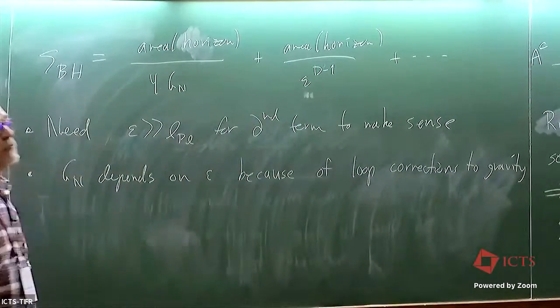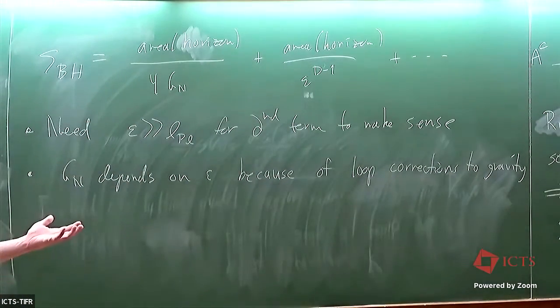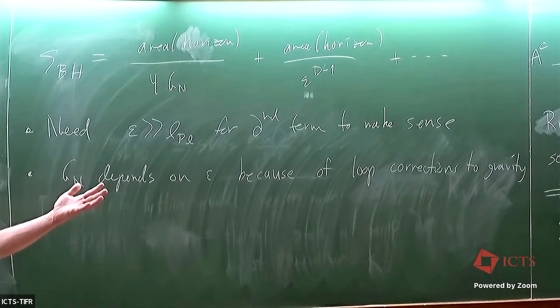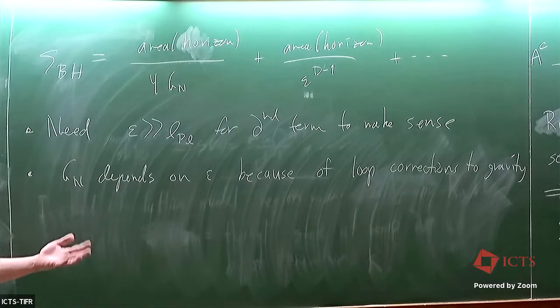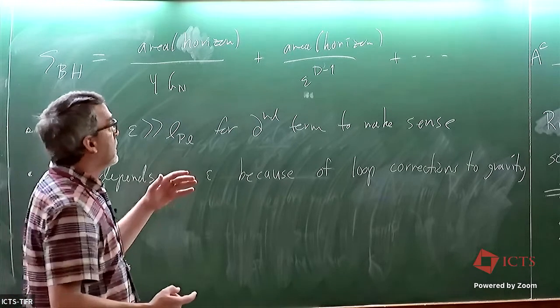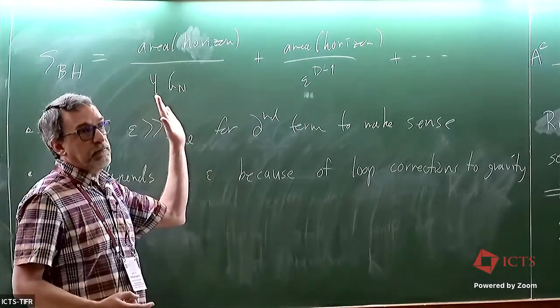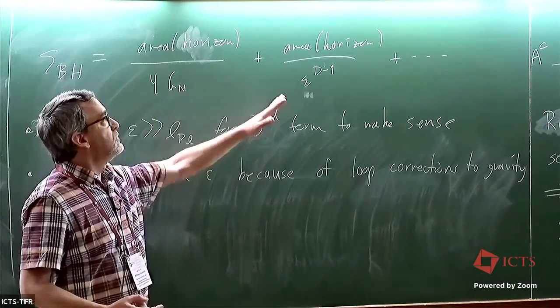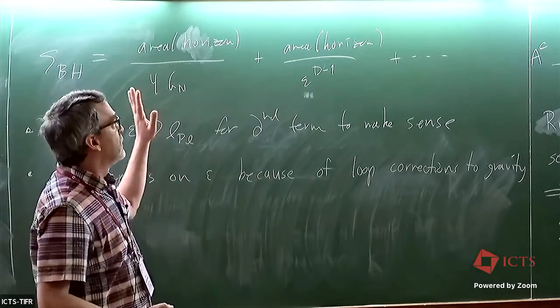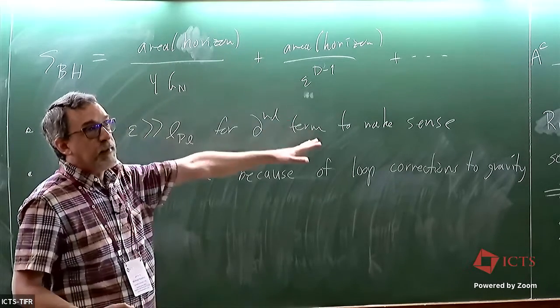So when you take into account loops of these quantum fields, they can generate an interaction which mimics that of gravity. And so these quantum fields actually change Newton's constant. And since they change Newton's constant, it will depend on what I choose for my cutoff.